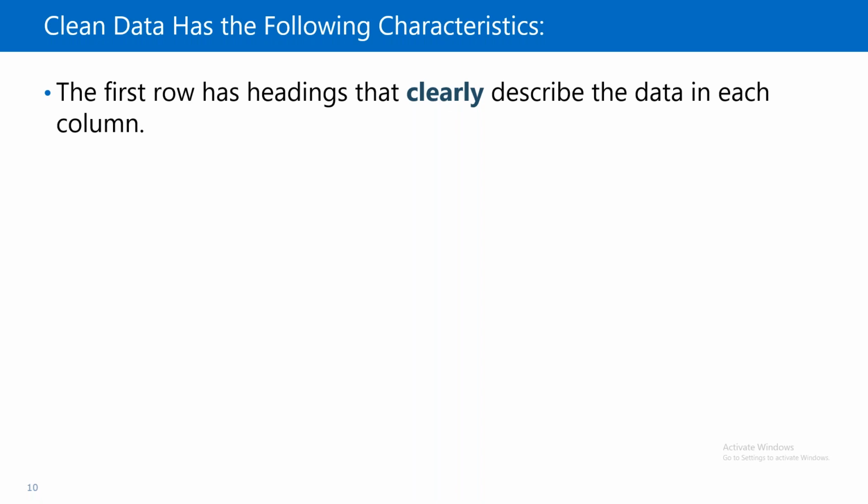Make sure that the first row has clearly described data in each column. What I'm talking about here is the headings. Don't use abbreviations. Don't use acronyms, because acronyms can really be confusing for other people within your company.